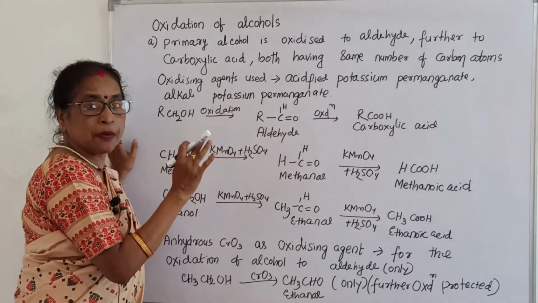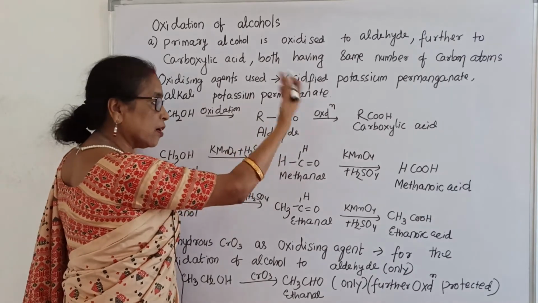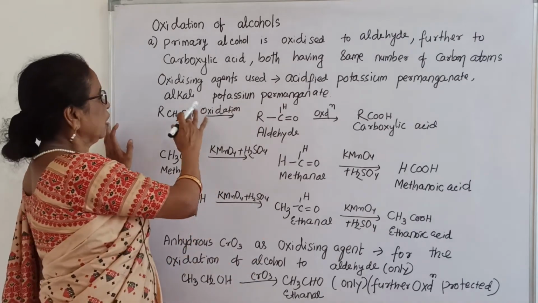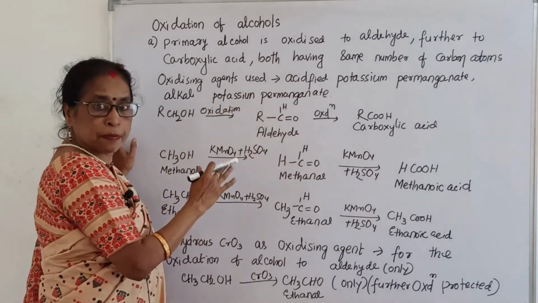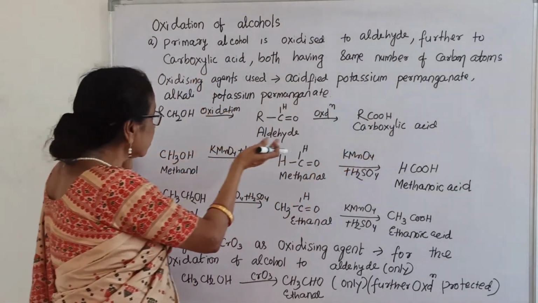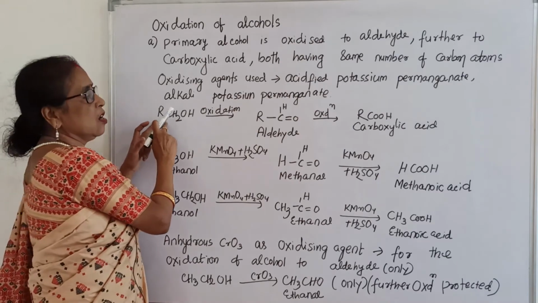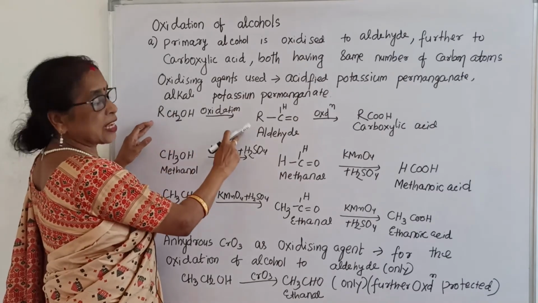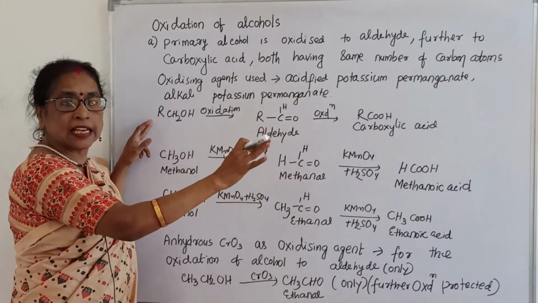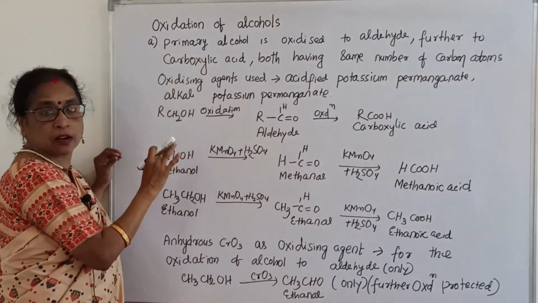What is the formula of aldehyde? RCHO. And on further oxidation, that means with acidified potassium permanganate or alkaline potassium permanganate, then what happens? RCOOH. Now see, the number of carbon atoms in the alcohol is the same in the aldehyde, and also the same in the carboxylic acid. This is the main condition of primary alcohol.